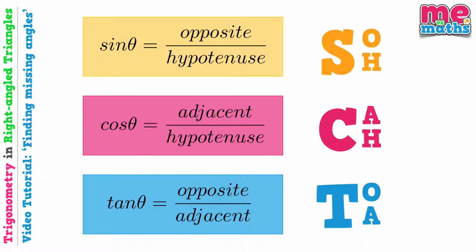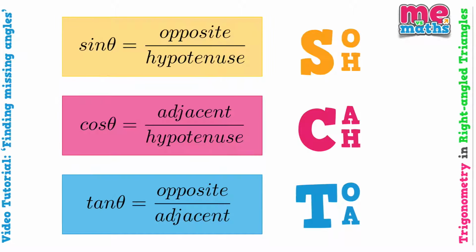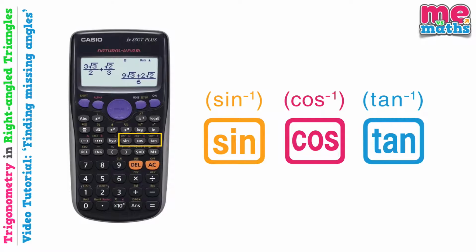Hopefully the trig formulas are starting to look really familiar to you by now. In fact, you're probably getting a bit sick of them, but hey, you've probably started to memorise them, so it's all good. Just before we get going properly, for this tutorial we're going to be using what are known as the inverse trig functions. These look like sin -1, cos -1, tan -1, and so on.